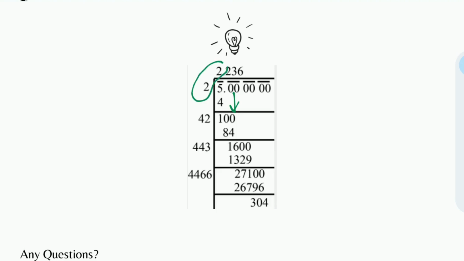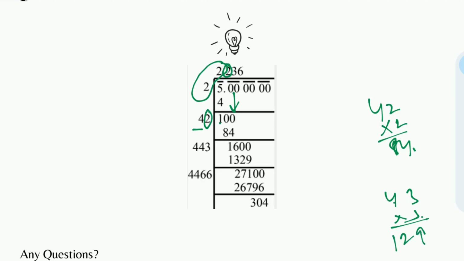I will add 4 and 4, 2 plus 2, and it becomes 4. Then I have to put a value here and here which is the same. Now I'll try 42 into 2, giving me 84. If I try 43 into 3, it will give me a bigger number than 100, because 4 into 3 becomes 12, so it is 129, which is obviously bigger.